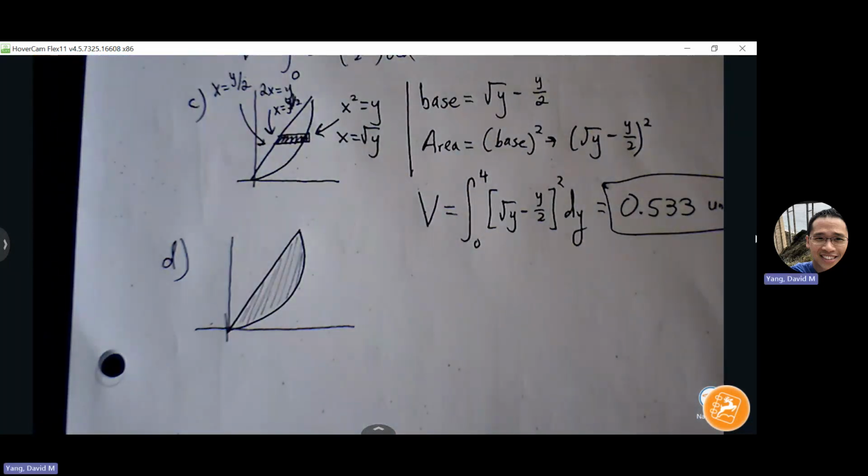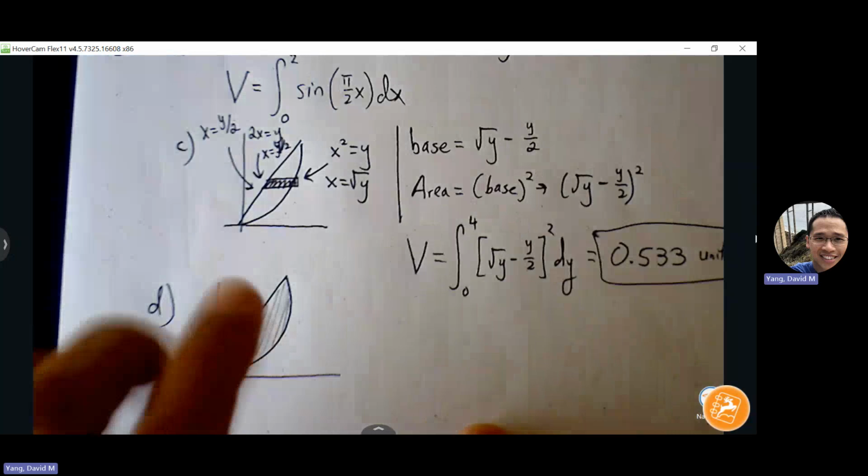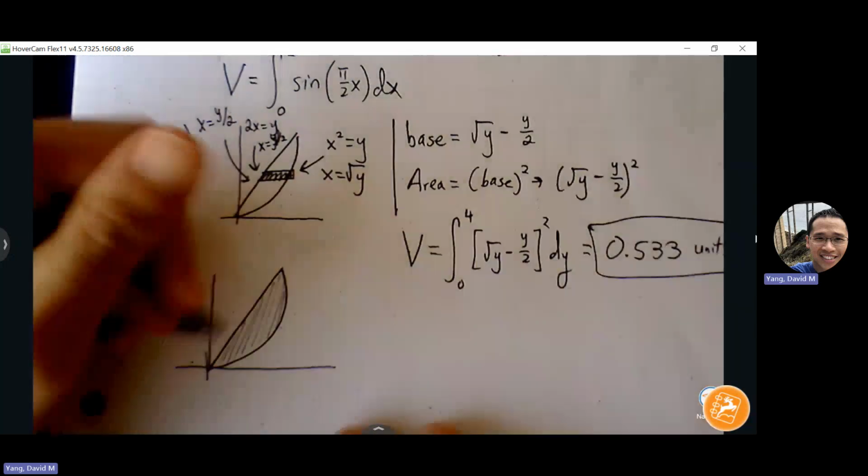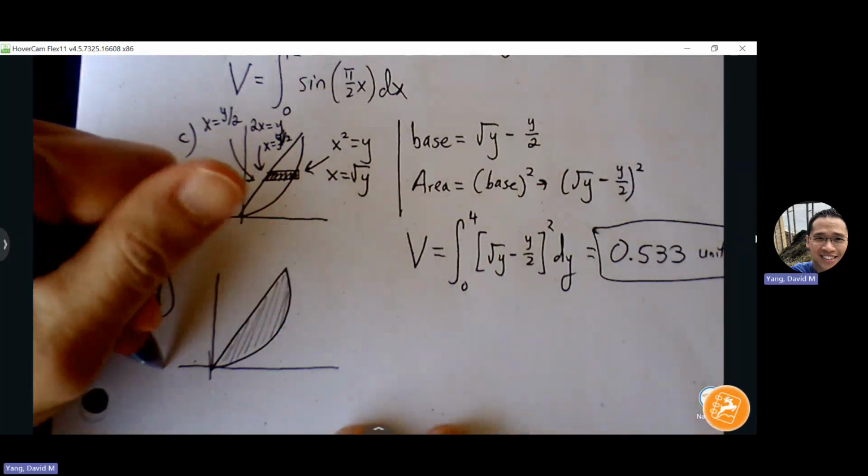And we're going to be experiencing horizontal radius, but we've gathered a lot of information that we need from part C, so we can pull that information down.